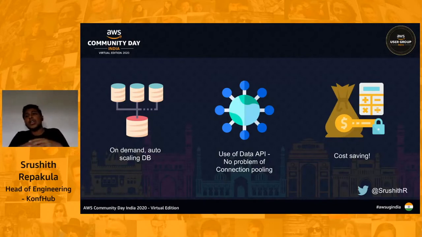I generally use this analogy where you have a Ferrari body and a normal, let's say, four-wheel vehicle engine, right? You have a really good, powerful body available for you, but you don't have enough capability to run faster, right? So then came Aurora Serverless.